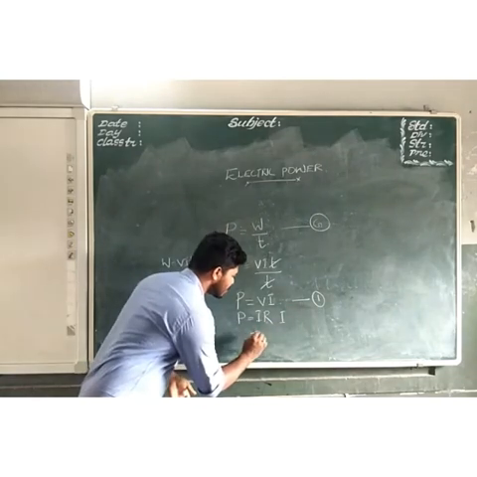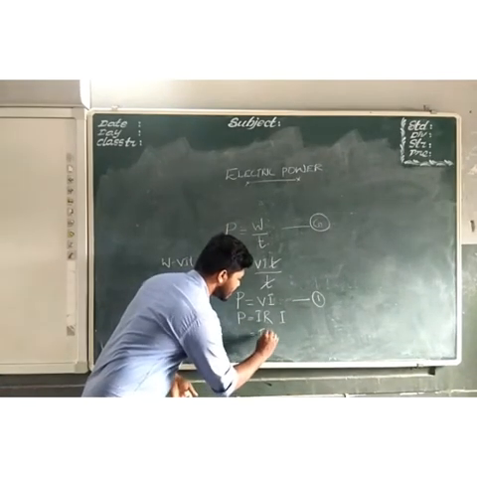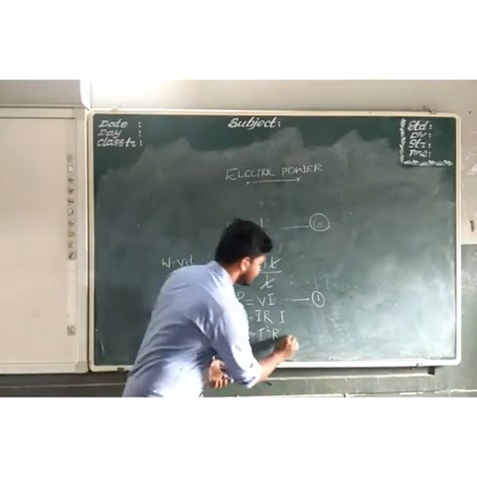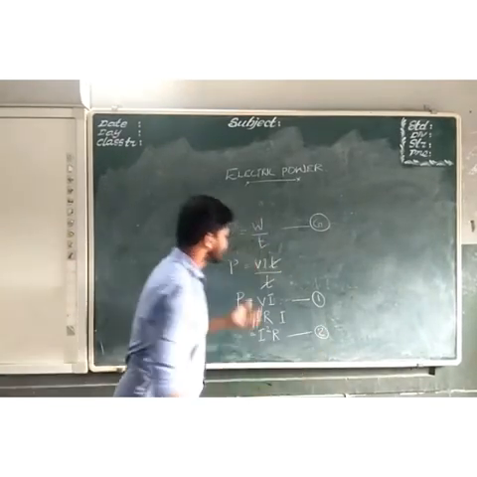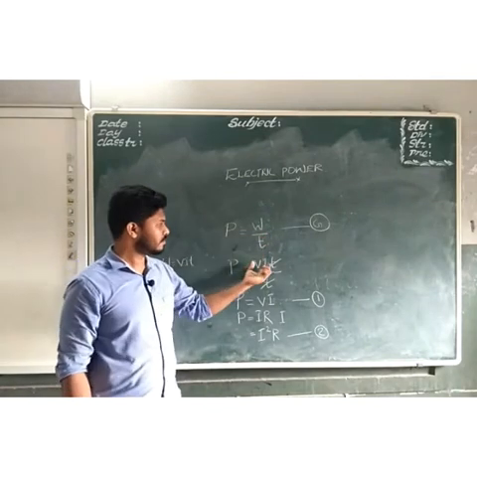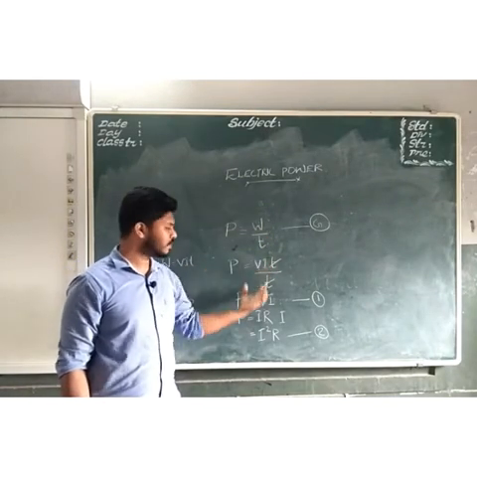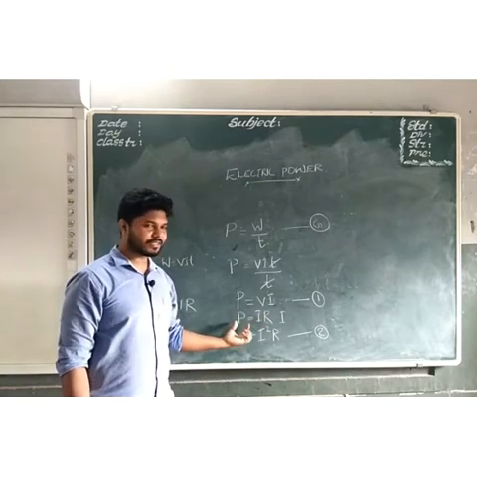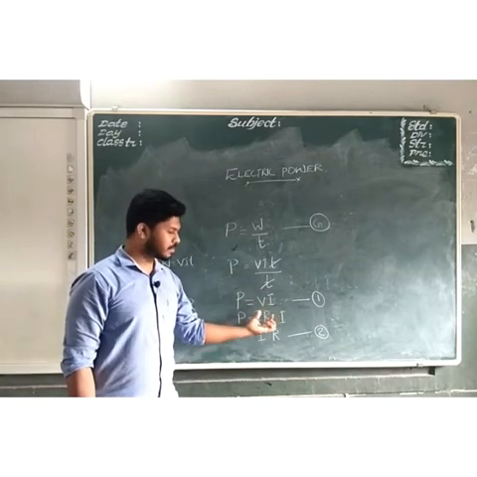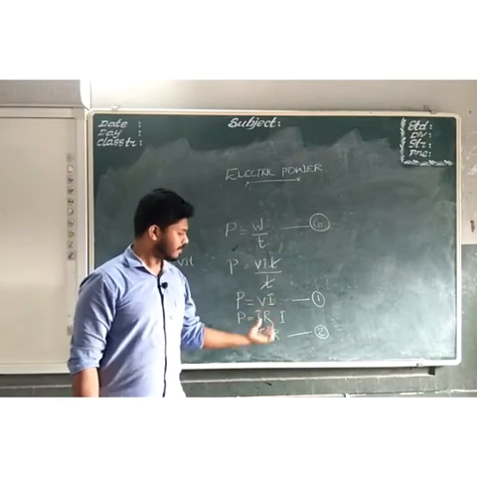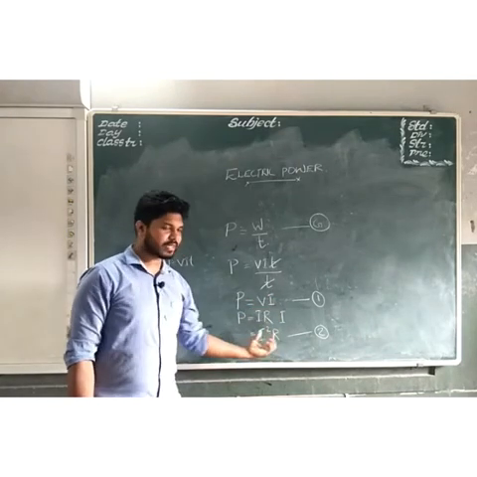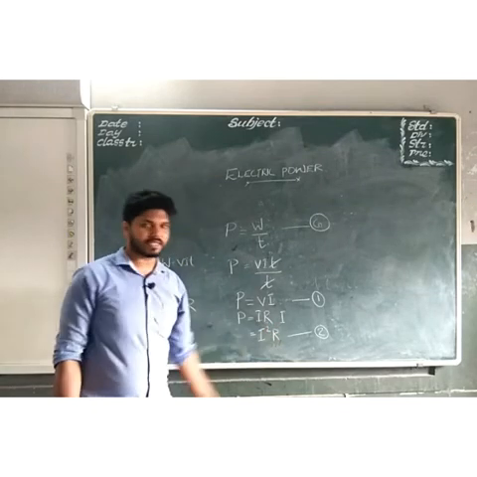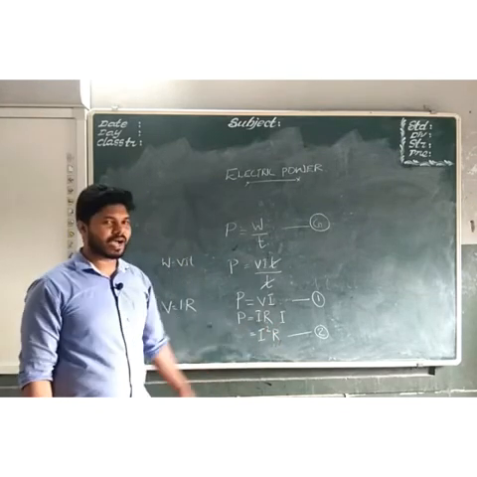So there is another equation for P, that is I square R. From the equation W by T, we substituted VIT for W and got VI. Then substituting IR for V, we got P equal to I square into R. So P equal to I square R.